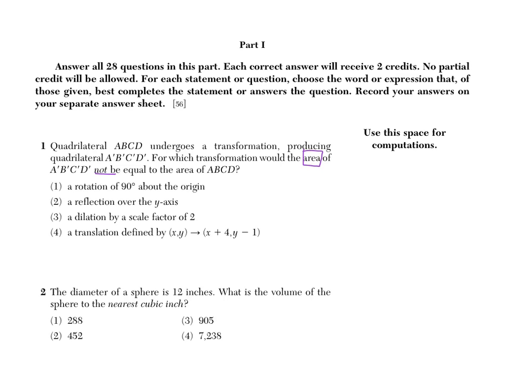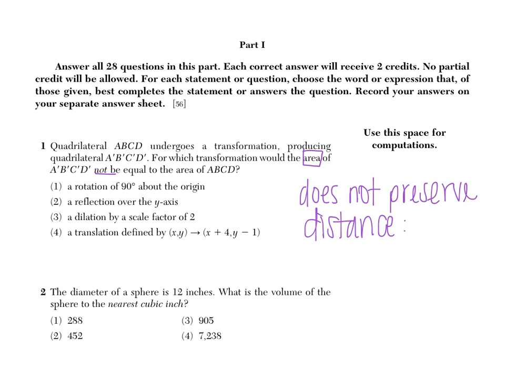So when we think about transformations, some of them preserve distance and others do not. The one that does not preserve distance is a dilation, which means it's not a rigid motion.